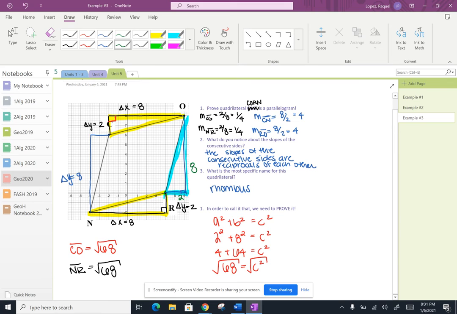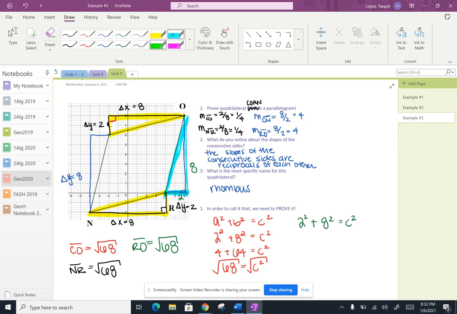So when I plug in 2 for A and 8 for B to help me find the length of RO, I'm going to get the same value. So the length of RO is going to be the square root of 68. I've already done that work. I don't need to do it 3 more times.